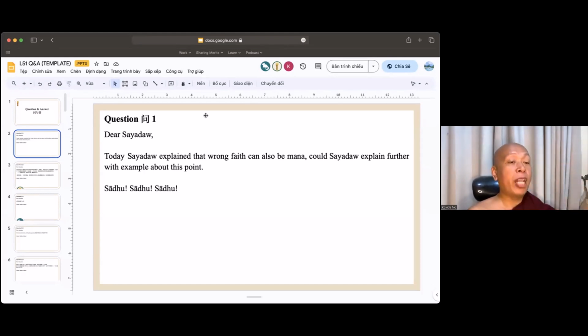We have 2 different types of mana. One type is not accepting the truth. In Pali we call them yathava mana and ayathava mana, 2 types of mana, right? One of the mana is not accepting the truth. Although I'm telling the truth, he is not ready to accept. This is because of mana. Another one is accepting the truth. So, for ordinary people, we can have both types.